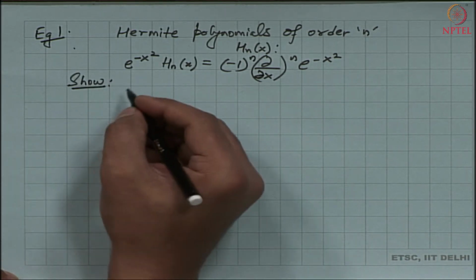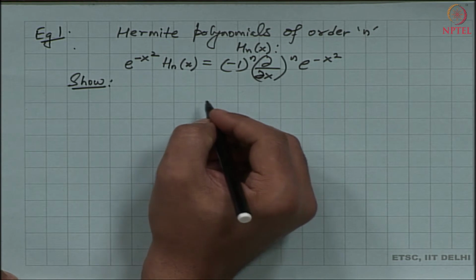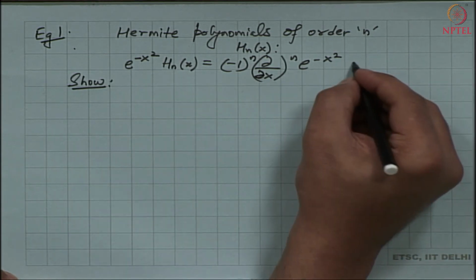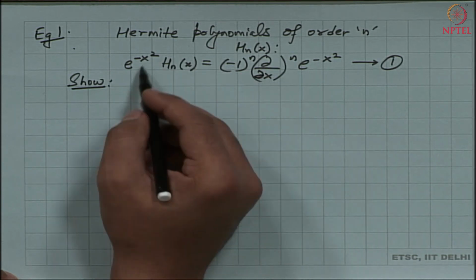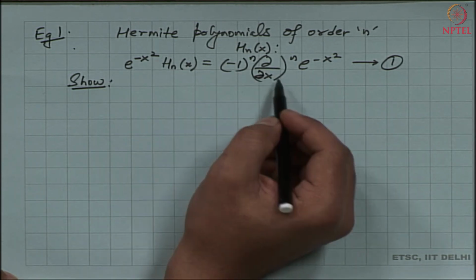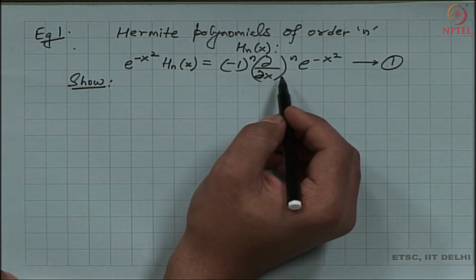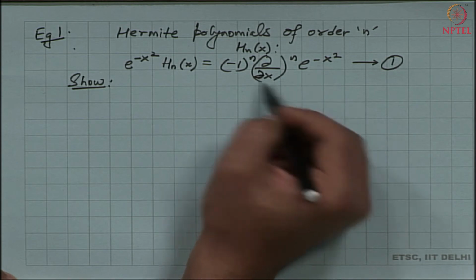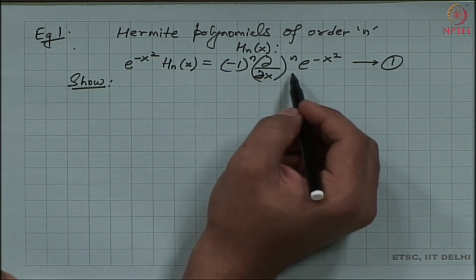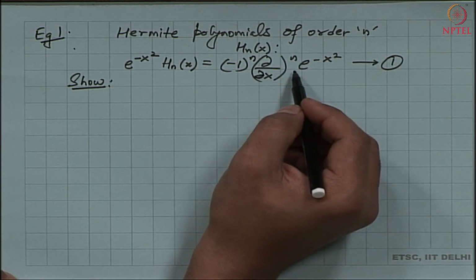Let me call this 1. So, my definition 1 gives me the definition of the Hermite polynomial. If I were to find the Hermite polynomial of order n, I need to differentiate the right hand side with respect to x, n times.